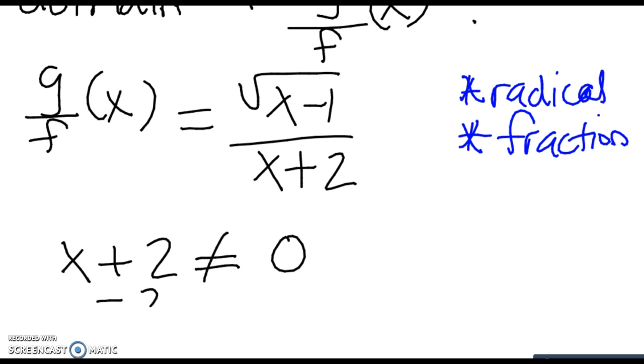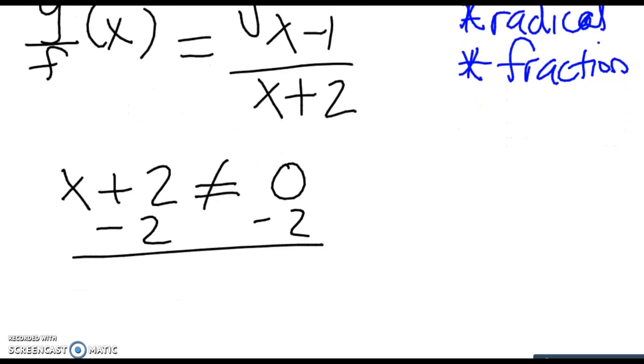Solve for x algebraically by subtracting 2 from both sides, and we find that x cannot equal -2. So x can be any number except -2. However, we have to take into consideration the restrictions that are imposed by having that radical in the numerator. So let's look at the numerator.